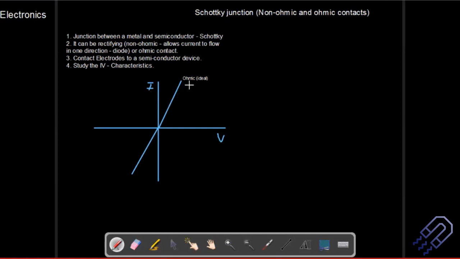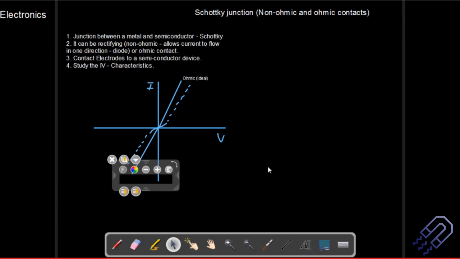So this is almost a straight line, except probably in this particular region. This is something which we call near ohmic.